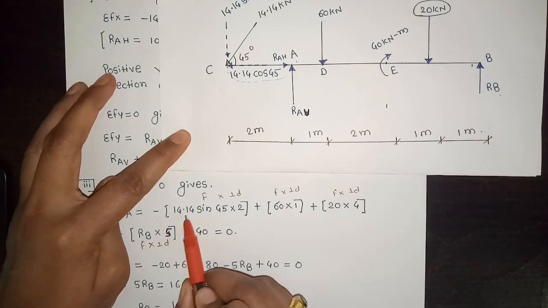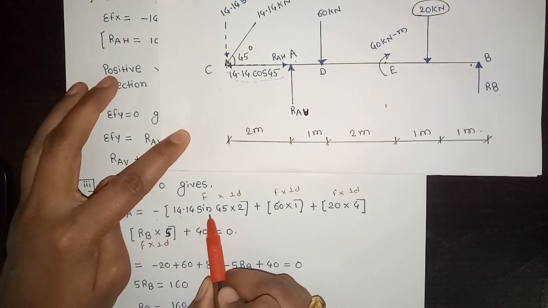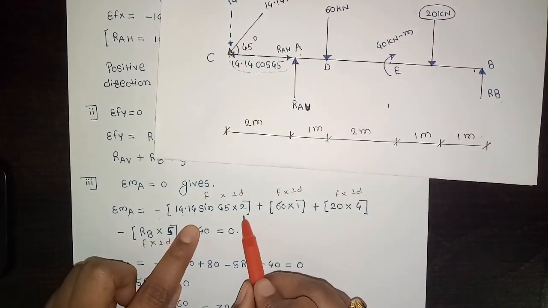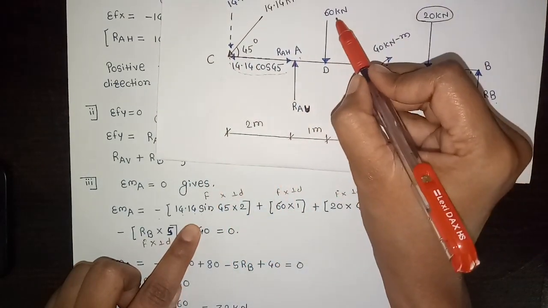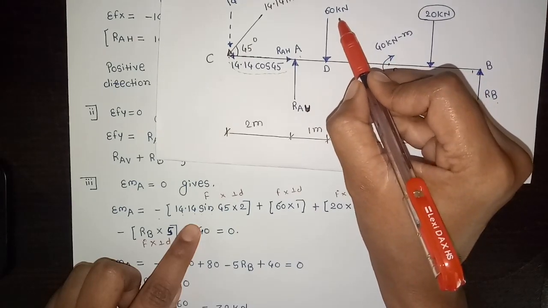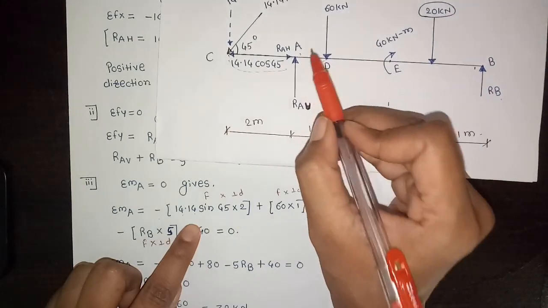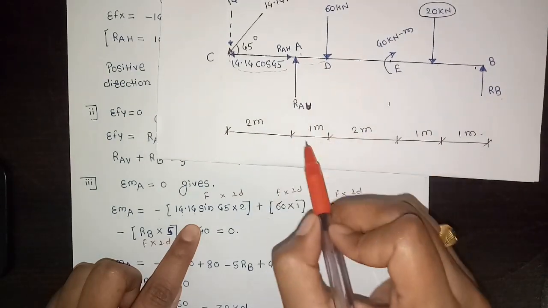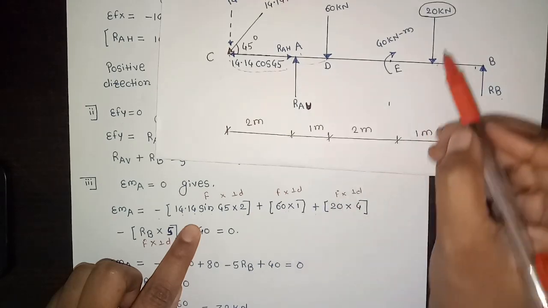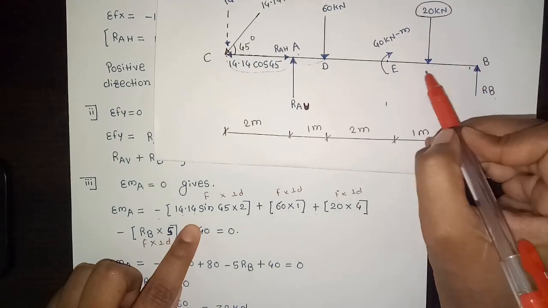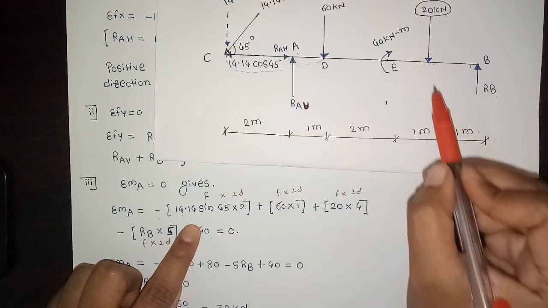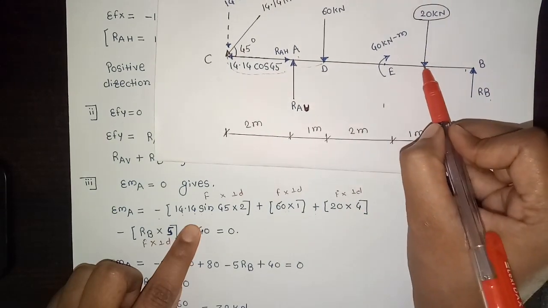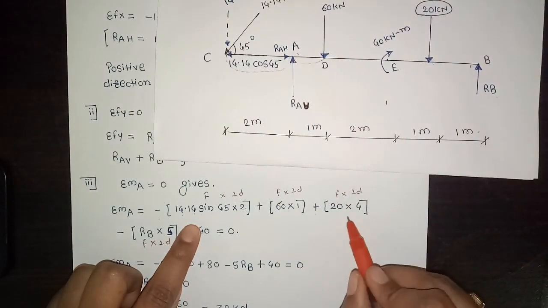So minus 14.14 sin 45 into perpendicular distance C to A, 2. Then next force 60 kilonewton, which is rotating clockwise. So plus 60 into perpendicular distance D to A, 1 meter. Then plus 20 kilonewton force, which is rotating clockwise at point A. So 20 into perpendicular distance, this point to this point, is 4.